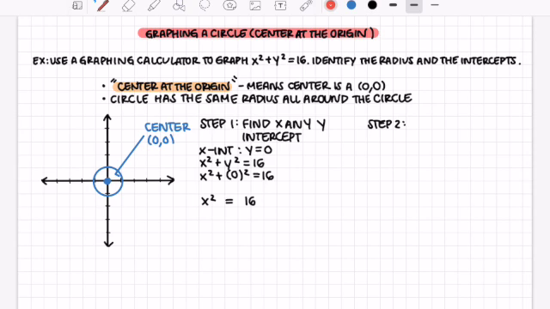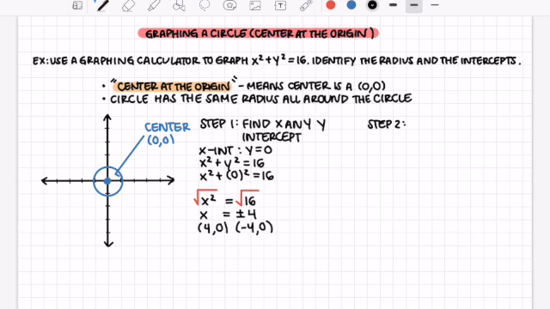And to get rid of that square, I'm going to square root both sides. And that gives me x equaling positive or negative 4. So I know that at least for this case, I have 2 points, 4, 0, and negative 4, 0.